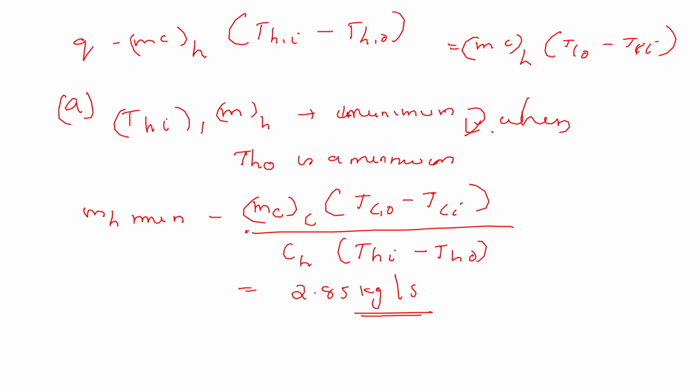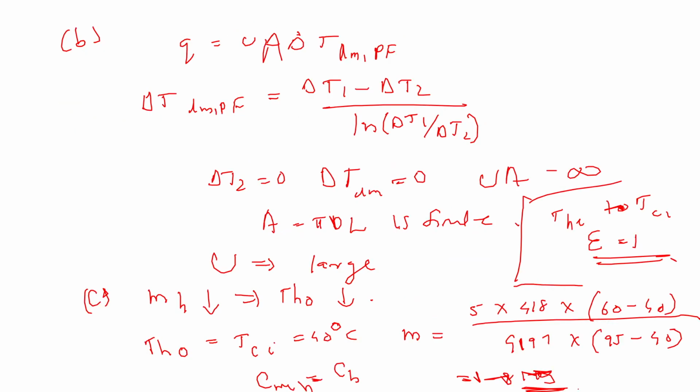This we have to take care of in the first part. MH is minimum when TH0 is minimum. So from the minimum MH value we calculated the minimum mass flow rate. It will be MC times (TC0 minus TCI) divided by CH times (THI minus TH0). So it will be 2.85.